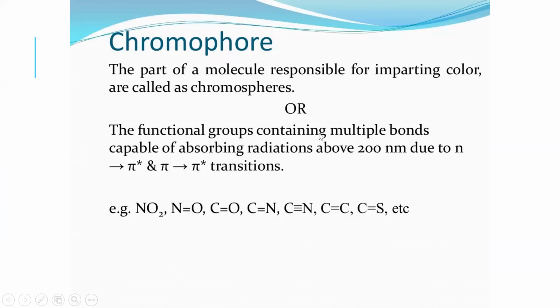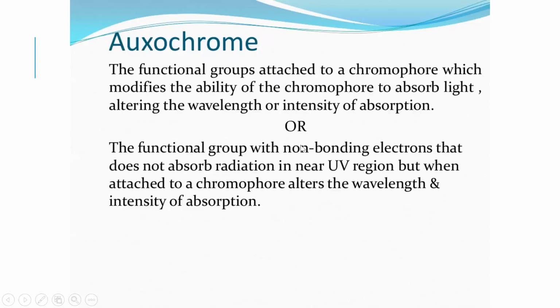These functional groups containing the multiple bonds are known as the chromophores. Examples of chromophores are NO2, NO, CO, C double bond N, C triple bond N, C double bond C, C double bond S, etc.